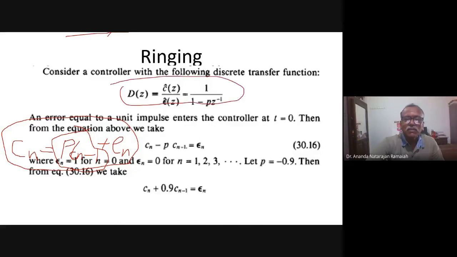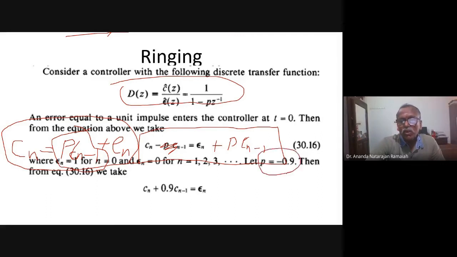Realization of this controller, that is C of n equal to E of n plus P C of n minus 1. So this is the controller output. Let us assume that P equal to 0.9.